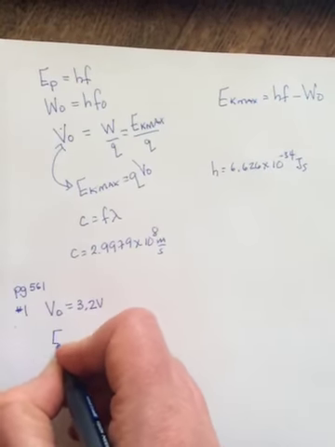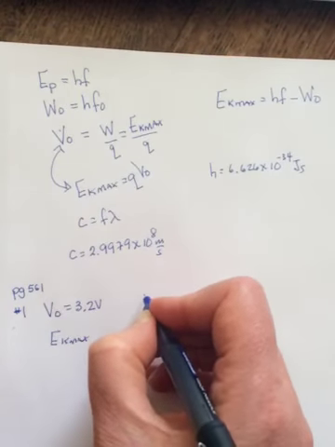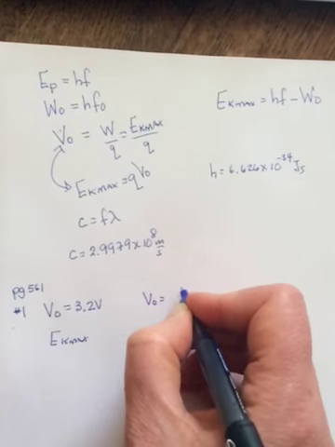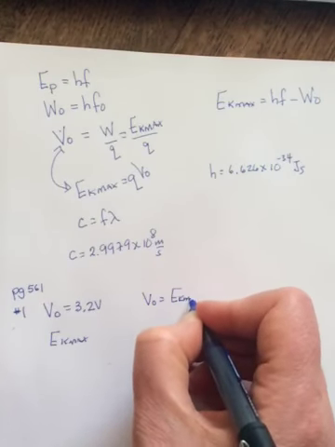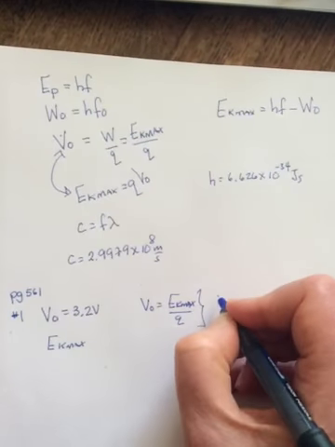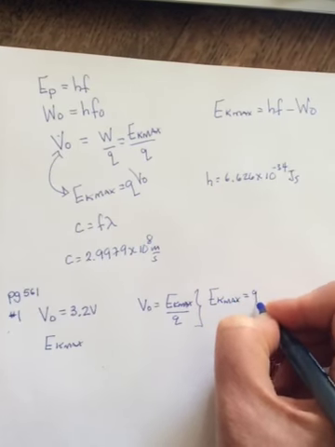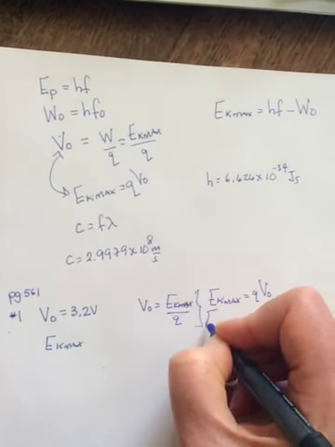So you're looking for EK max, really. And we know that VO is equal to EK max over Q. So EK max is just equal to Q times VO.